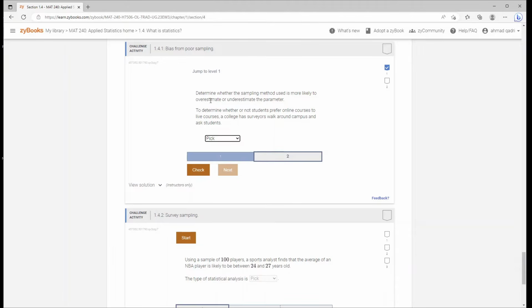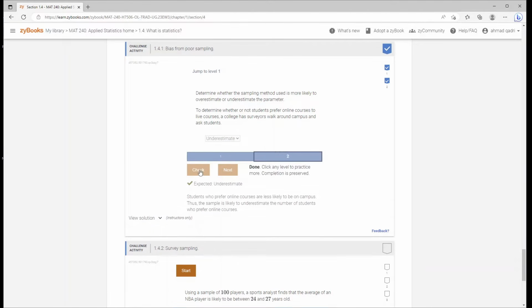And so the correct response here is, because we're trying to determine whether they prefer online courses or live courses, we expect that we would overestimate students preferring live courses and underestimate students preferring online courses. So since the question is asking about the preference for online courses, we would underestimate it, and then check, and that is the correct response.